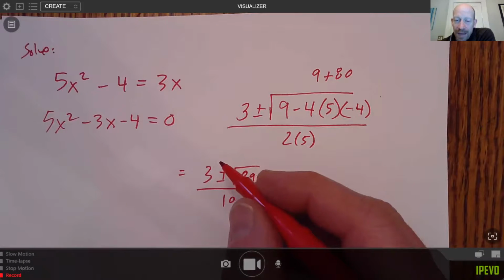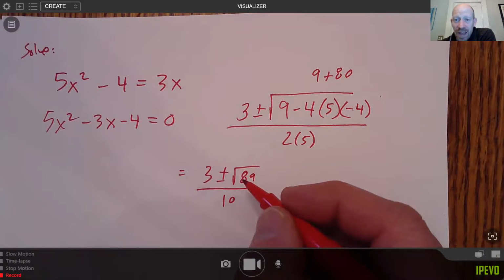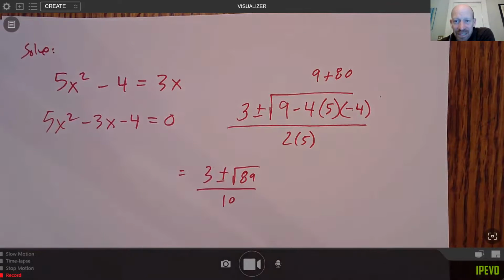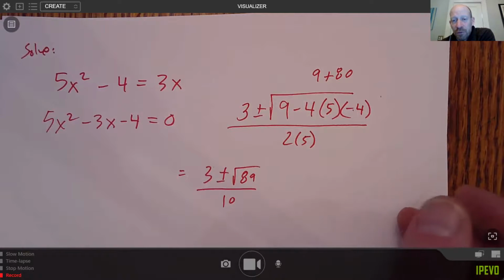Now, I have to look and see if I can simplify 89 at all. 4 doesn't go into it. 9 doesn't go into it. 16 doesn't go into it. 25 doesn't go into it. It doesn't have any perfect square factors. So this is actually kind of our best case scenario.